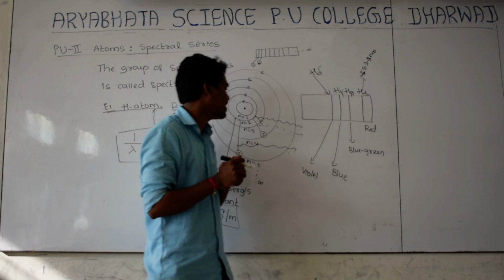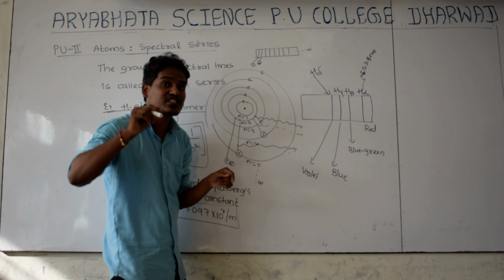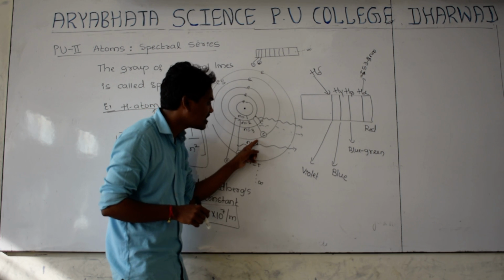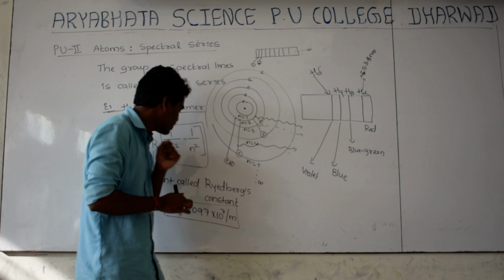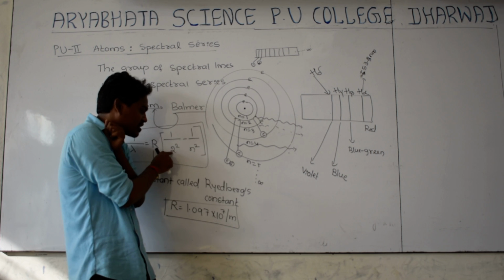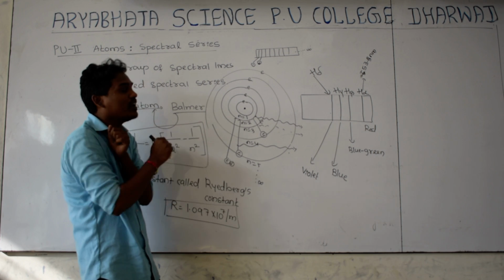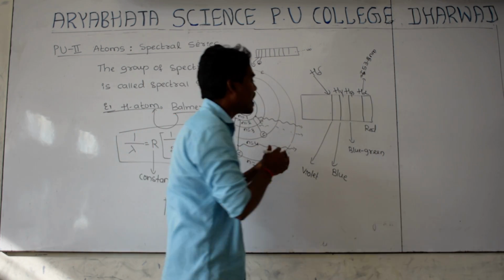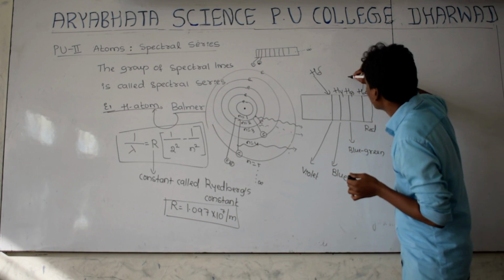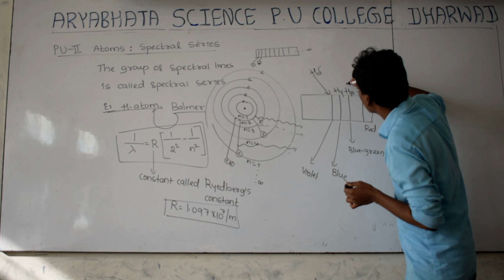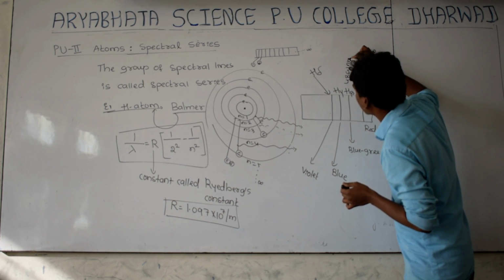And next, what did he do here? Whenever the electron is jumping from the fourth energy level to the second energy level, substitute 4 here, substitute 2 here, and calculate the lambda value. He gets the answer for this spectral line: 486.1 nanometer.